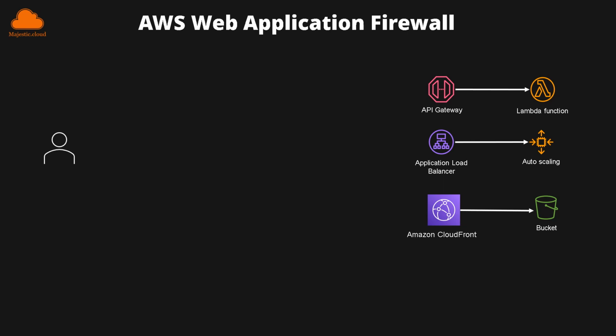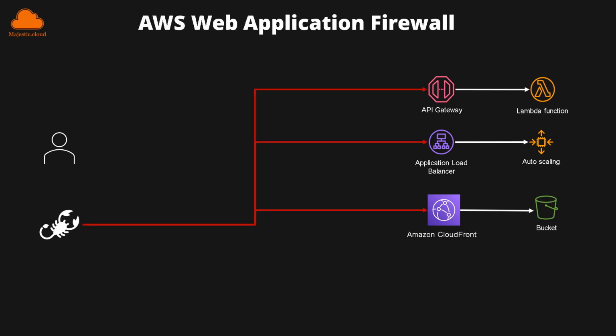So bad people, hackers, bots, which will try to do requests to your systems as well. By doing this, they might overwhelm your system, sending too many requests. Or they might, for example, try to exploit some known vulnerabilities, try to do SQL injections, things like that. So you want to prevent that.